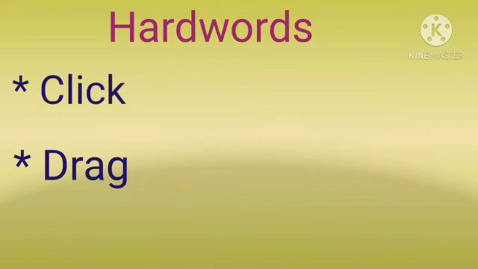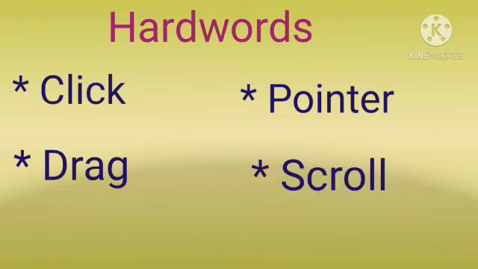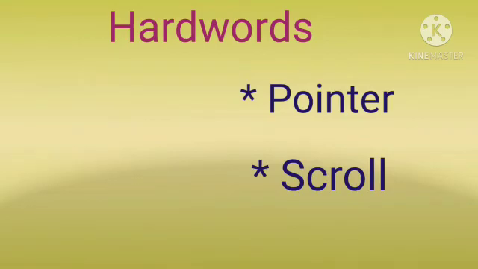Next is pointer. Pointer. It is a symbol on the computer screen. It points out the movement of the pointing device. Next is scroll. Scroll. The action of moving pages up and down.